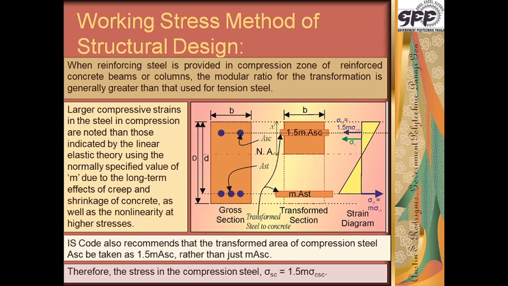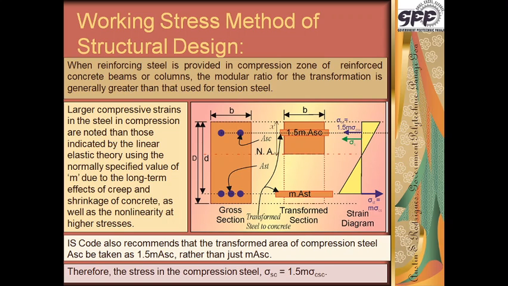But when we see the steel in the compression zone ASC, the transformation is not m into ASC, but it is 1.5 times m into ASC. So there is a 50% increase in the transformed area.